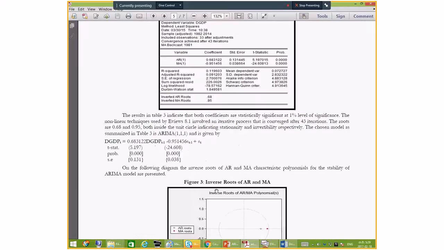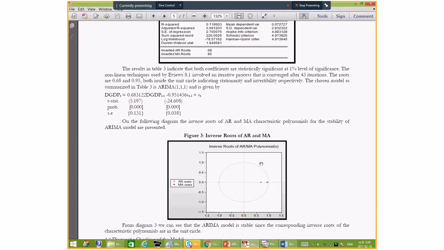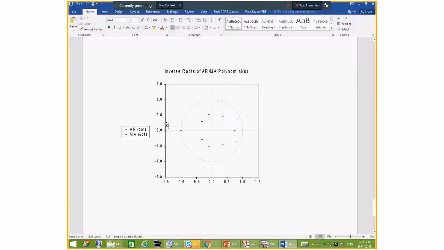The article shows the inverse roots of the AR and MA polynomials. This diagram shows that all roots are inside the unit circle, but in our model only 3 roots are at the margin, all are in the roots.